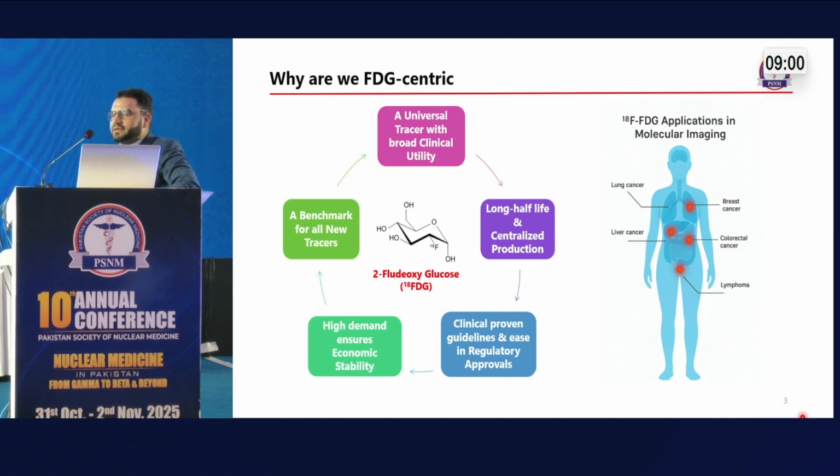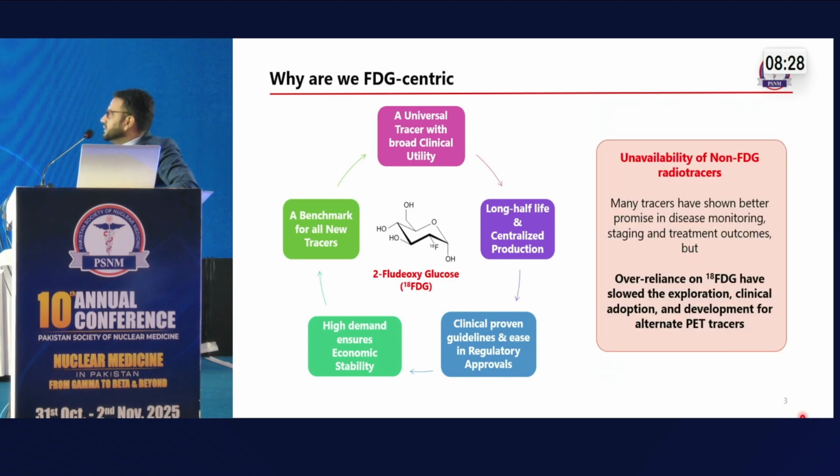Other non-FDG tracers will be applicable to only one situation, but FDG is applicable to many situations, which makes sure of its economic stability. And FDG is also known as a benchmark now for all tracers. We know FAPI is going very well in the market at the moment, and all the FAPI tracers are being compared with FDG if we want to improve them further.